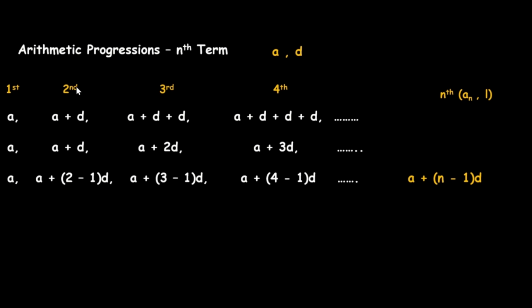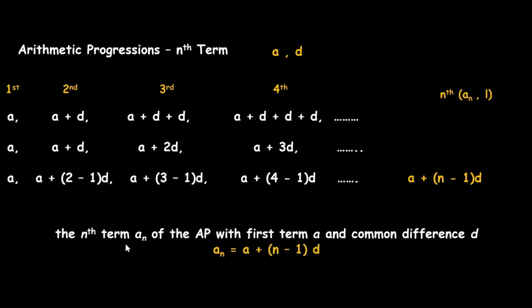So as we can see, the second term is indicated as A plus 2 minus 1, D. And the third term is indicated as A plus 3 minus 1, D. And the fourth term is indicated as A plus 4 minus 1, D. And on similar lines, we can write the nth term as A plus n minus 1, D. And this is the formula for calculating the nth term of the arithmetic progression. So the nth term an of an arithmetic progression with first term A and common difference D is given as an is equal to A plus n minus 1, D.